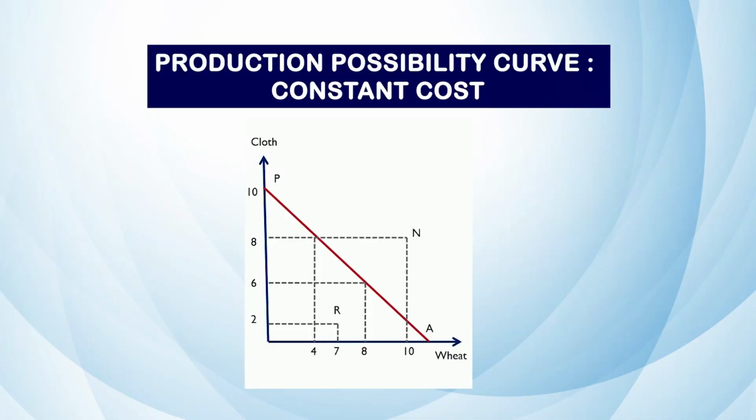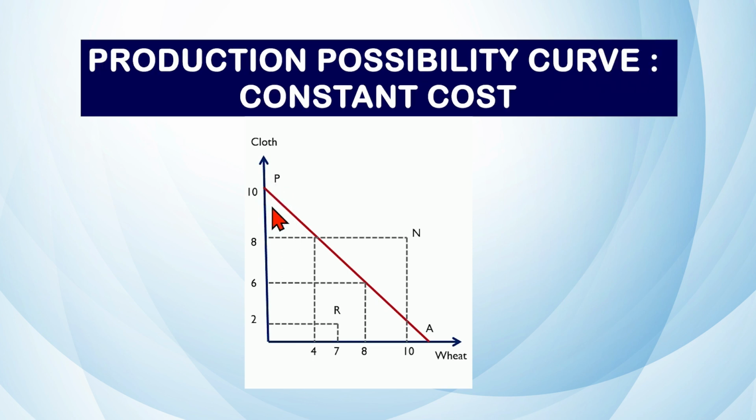So here my curve is PA. This PA curve gives me various combinations of outputs, output meaning wheat and cloth, that can be produced by using the entire resources of the economy. So it is possible that this country is producing 10 units of cloth at point P at max.